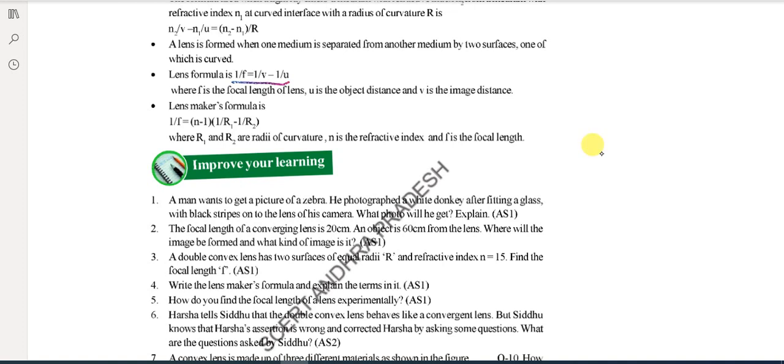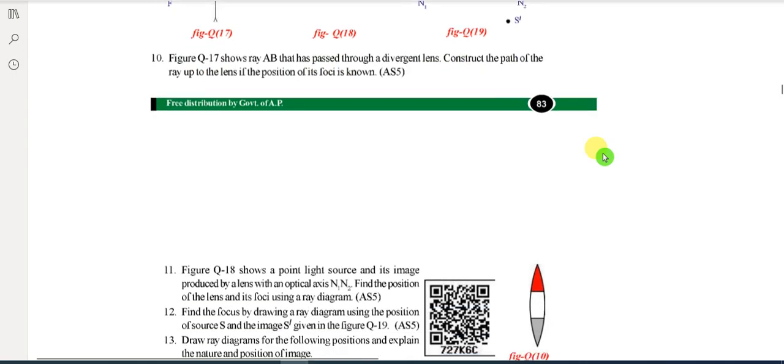So it is a lens formula, lens maker's formula, don't confuse it. And the letters are also important. What is f, what is v, what is u, like that. So 1 by f is equal to (n minus 1) times (1 by R1 minus 1 by R2), like that. So here compulsory, the n is the refractive index and f is focal length, like that you can write easily.